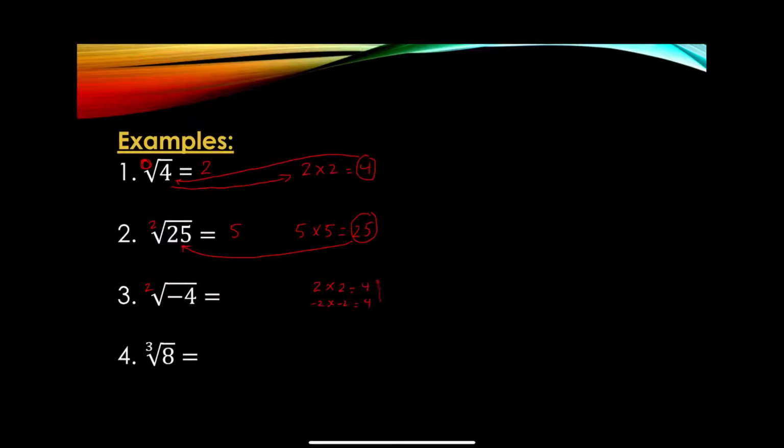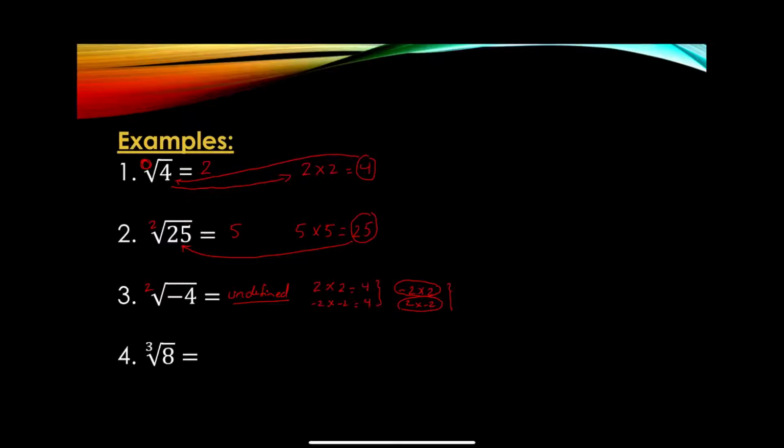The only way we can get negative 4 is to multiply negative 2 by 2 or 2 by negative 2. But we need to multiply the number with itself, having the same sign. So in this case, the square root of negative 4 is undefined. It's only undefined over the system of real numbers. In case of having complex numbers, yes, we do have an answer, that's 2i.